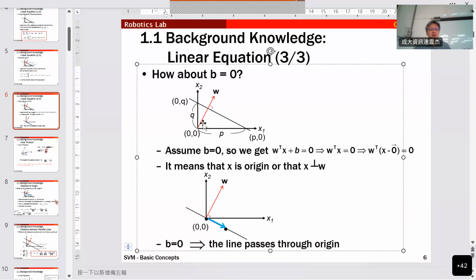Oh, sorry, that's not b, that's this distance. If b equals 0, this line will pass through 0, 0. I said it wrong: this distance is not b, this distance is D, and we will talk about it on the next page. I'm just telling you that b controls the distance from 0, 0 to this line. So b is a shift. When b equals 0, this line passes through 0, 0, this orange line.